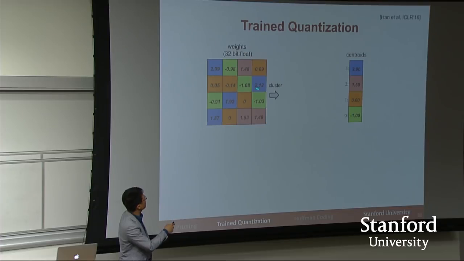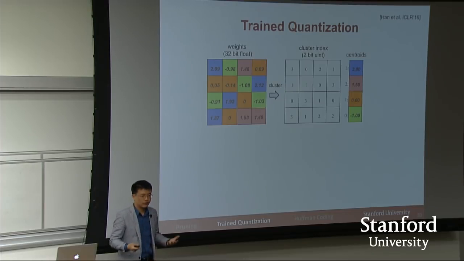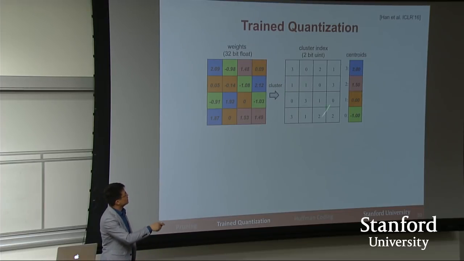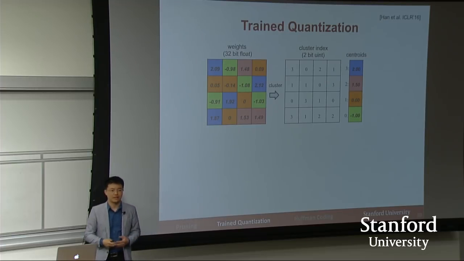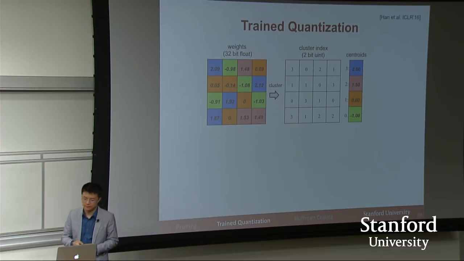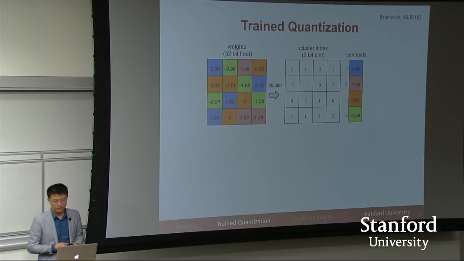For 2.09 and 2.12, I store an index of 3 pointing to the centroid. The good thing is we only need to store the 2-bit index rather than the 32-bit floating point number. That's 16 times saving.